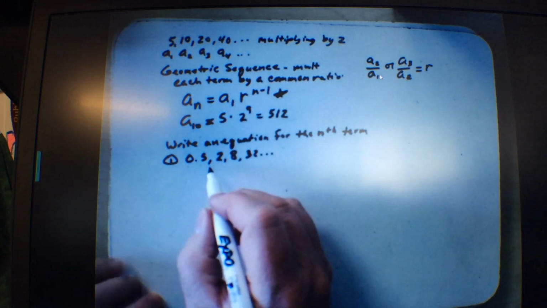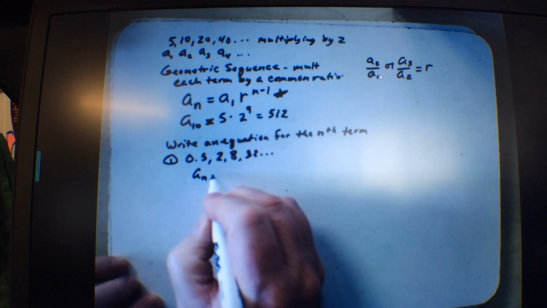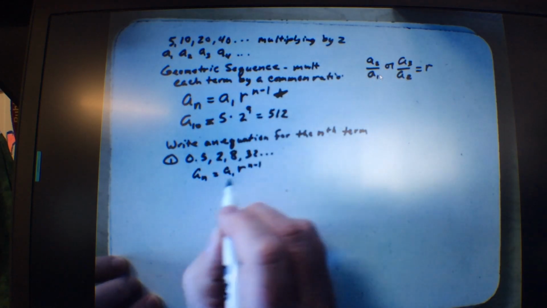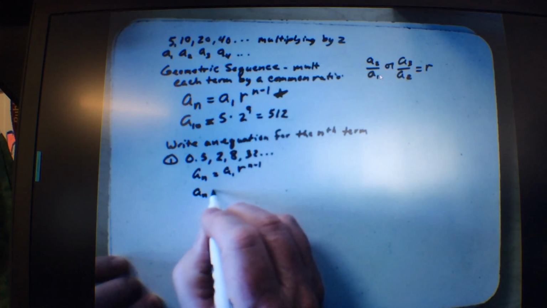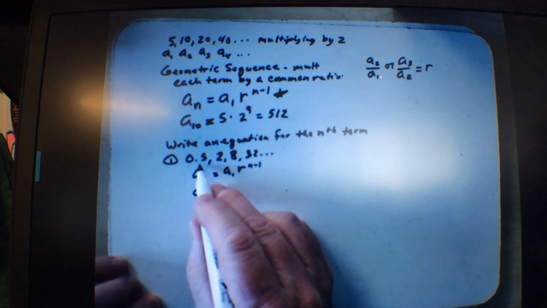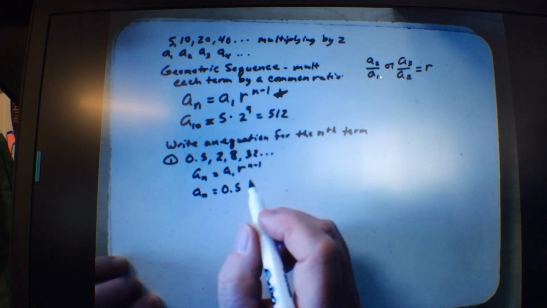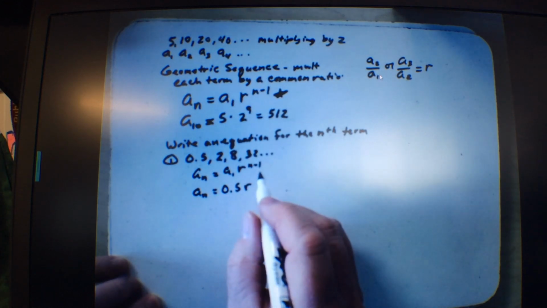Okay, so we need this formula right here, a sub n equals a sub 1 times r to the n minus 1 power. What is the first term? The first term is 0.5, isn't it? What is r? 4.